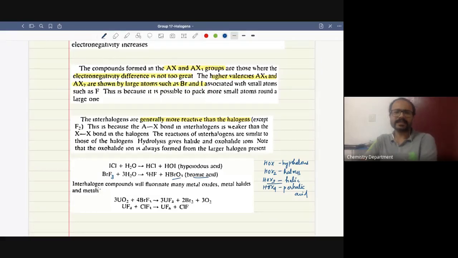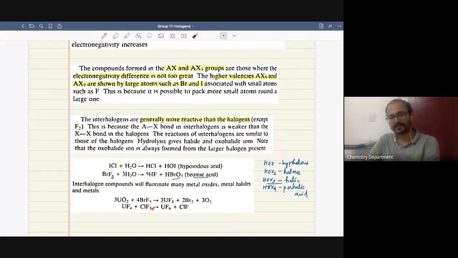Apart from that, interhalogen compounds will fluorinate many metal oxides, metal halides and metals into the corresponding fluorides. So that is what you find here. You have the oxide of uranium being fluorinated using bromine fluoride. Similarly, you can convert uranium fluoride into a higher version of uranium with a higher oxidation state.